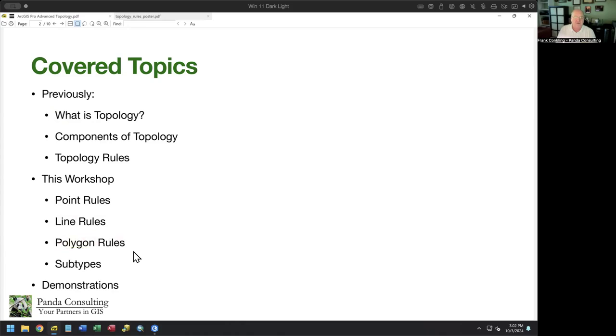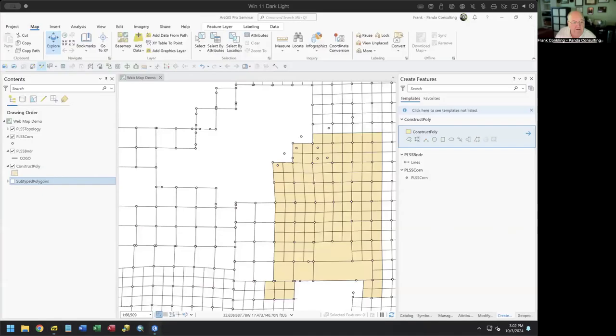And then finally, at the end of the video, we're going to look at a very interesting technique where you could take topology rules and apply them to not all features in a feature class or a layer, but you can be very specific as far as which features inside of a layer actually get that topology applied. So we're going to look at using subtypes.